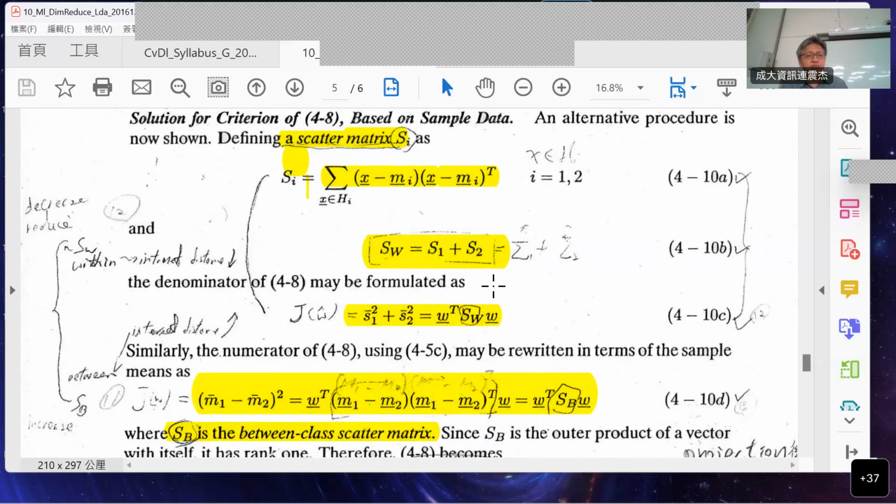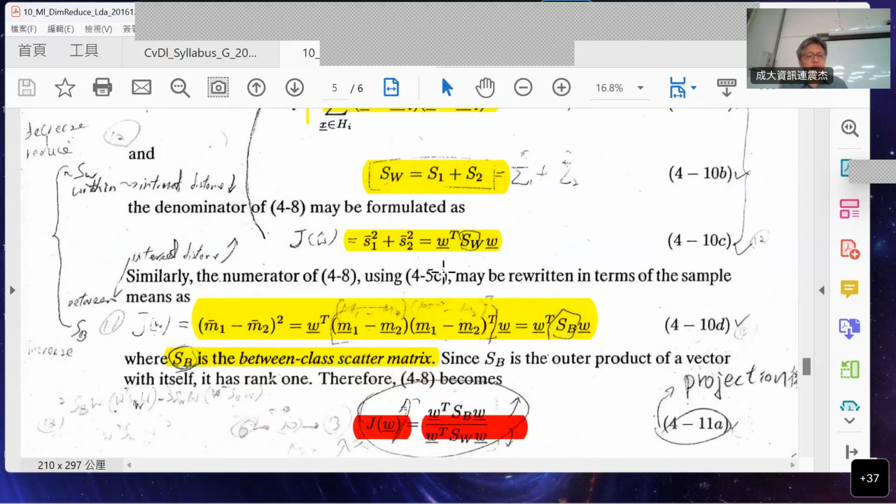However, each variance is this one. The same, the higher dimension variance projected to the lower dimension variance. So SW is the individual variance in higher dimension. So you can find SW. So finally, the equation become this one. This is our formula.